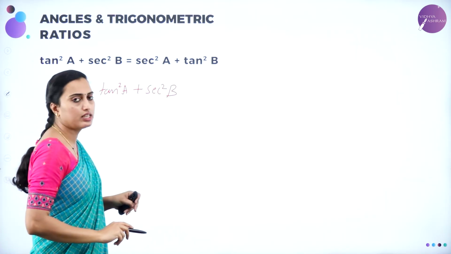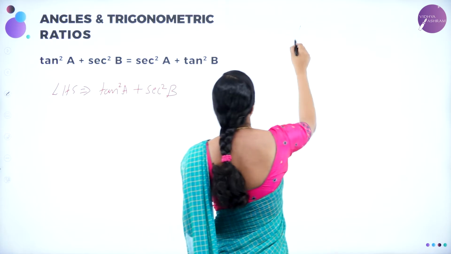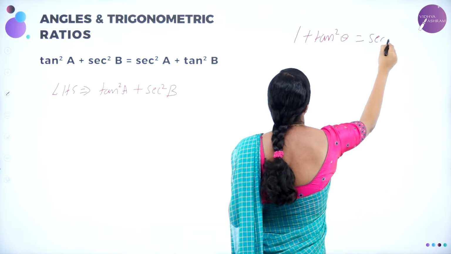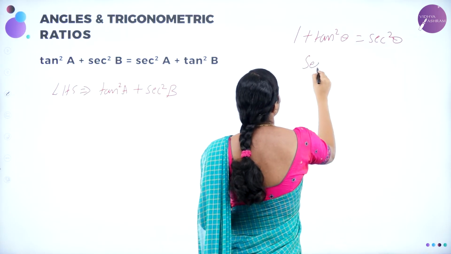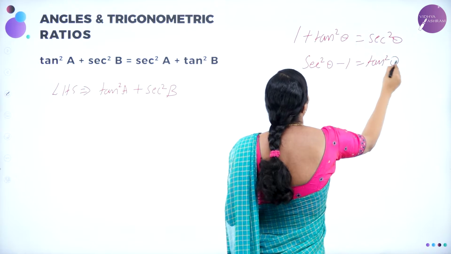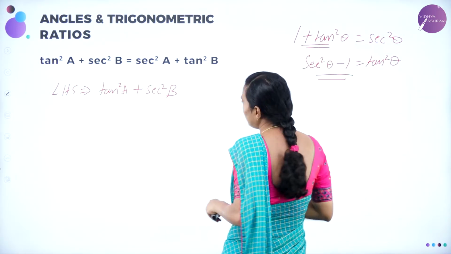I can use the identity 1 plus tan squared theta is secant squared theta, or secant squared theta minus 1 can be written as tan squared theta. In either form I can reduce this formula.